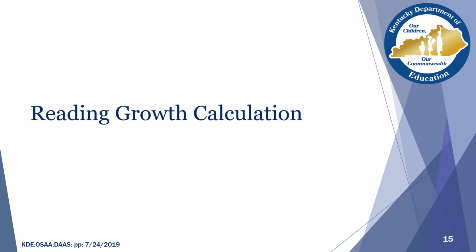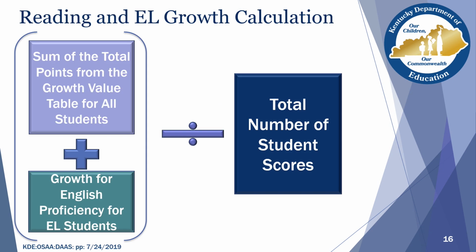Calculating reading growth is a bit more involved since we will use both the growth value table and the English Learners Growth Value Table in the equation. Let's try out this calculation. This is almost like the math growth calculation, except in the numerator we are adding the points for EL students, and in the denominator adding the number of EL exams into the student scores.